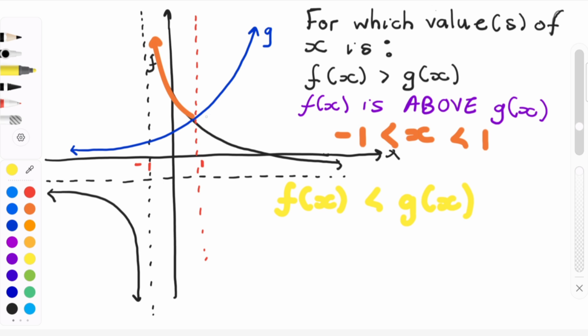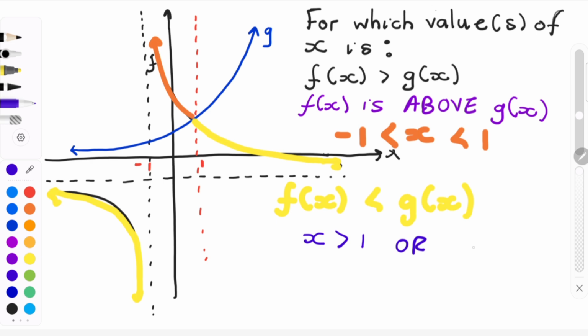That would be here, because we can see that this part, the yellow part here, f of x is below and g of x is on top, and as well this part here where f of x is below and g of x is on top. So that would be when x is greater than 1 or when x is less than -1.